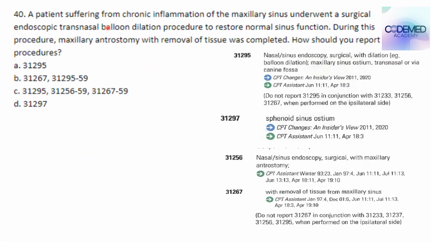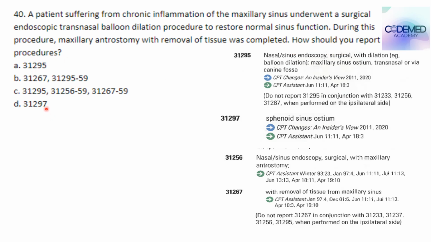Let us take one example. The patient suffering from chronic inflammation of the maxillary sinus underwent a surgical endoscopic transnasal balloon dilation procedure to restore normal sinus function. During this procedure, maxillary antrostomy with a removal of the tissue was completed. How should you report the procedure?